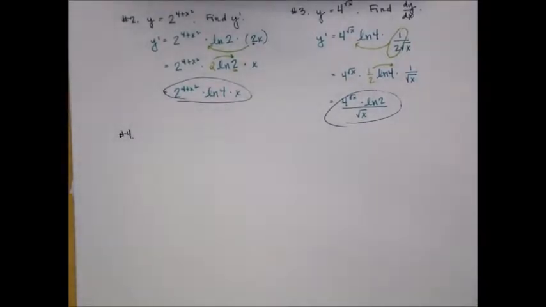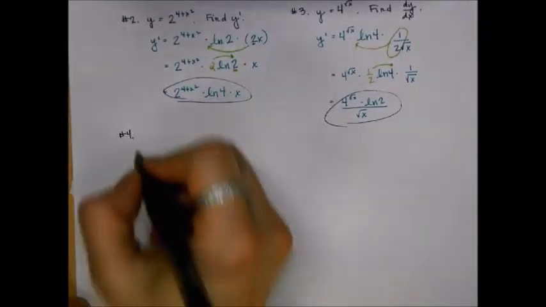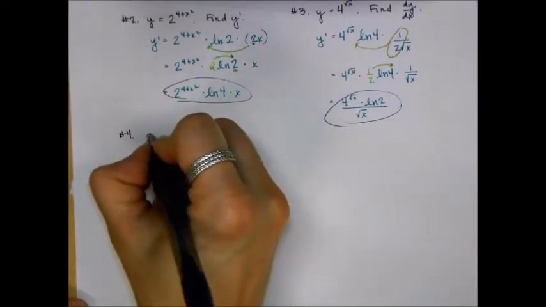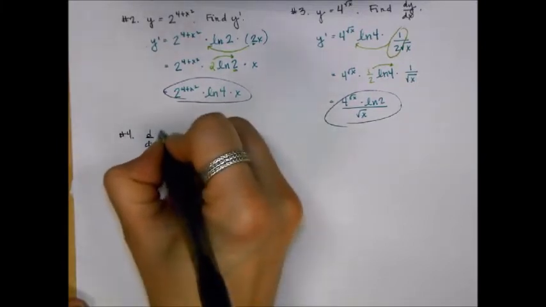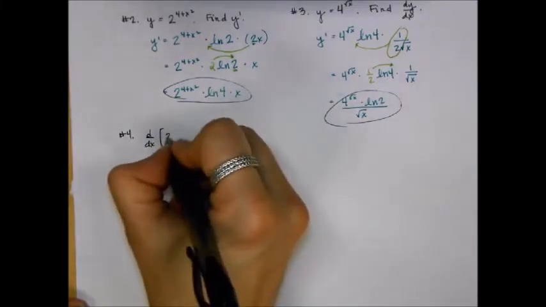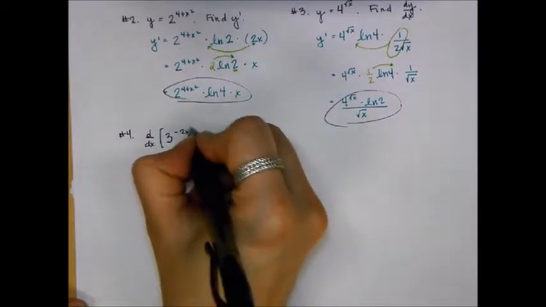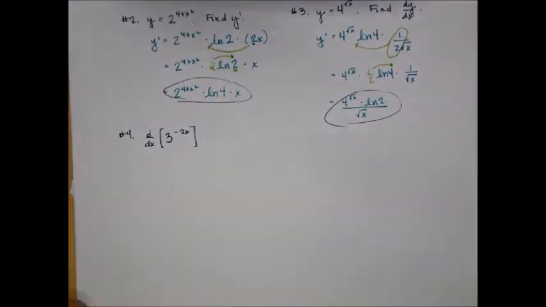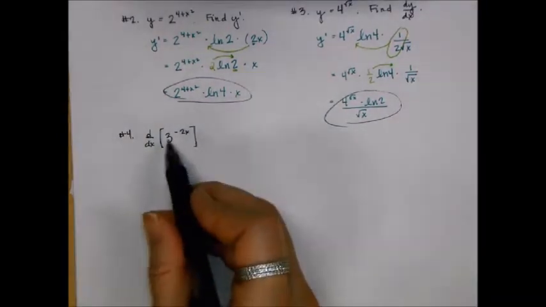Problem number 4. So the derivative of 3 to the power negative 2x.